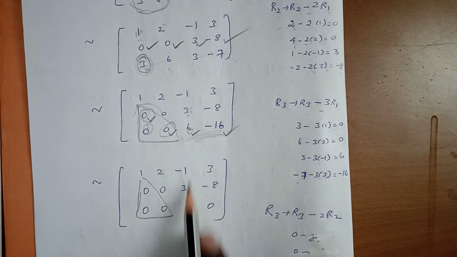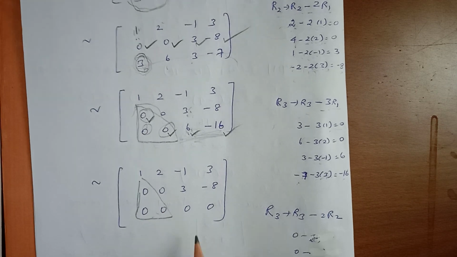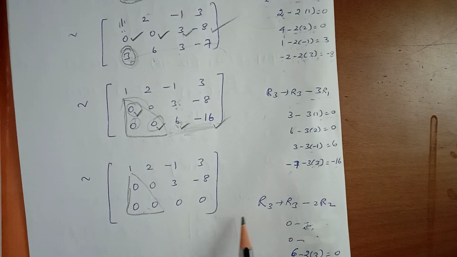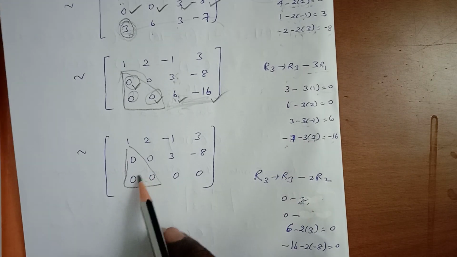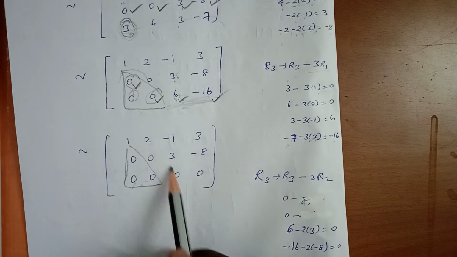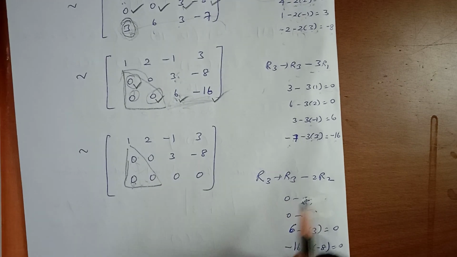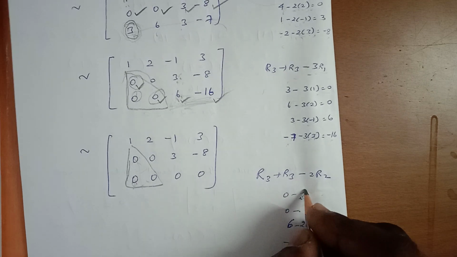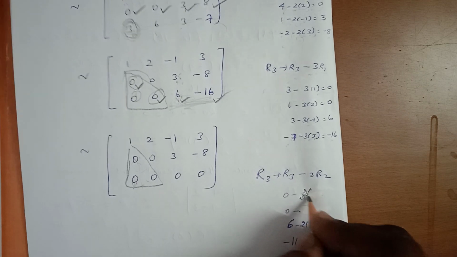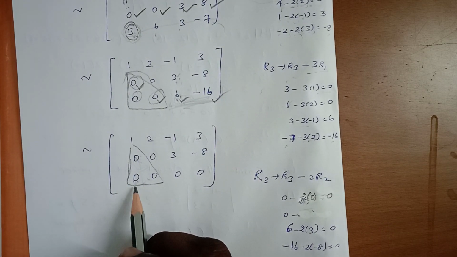So comparing the third row and second row, the formula is R3 tends to R3 minus 2R2. Comparing these two, 0 minus 2 into 0 equals 0. This term is 0.